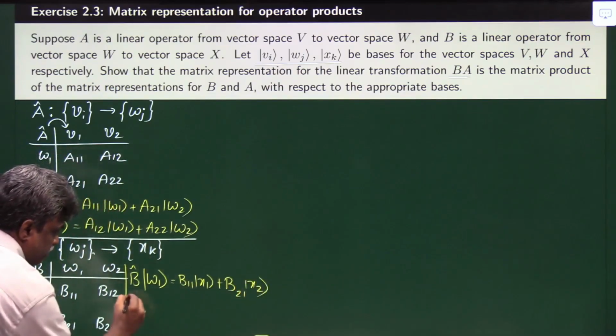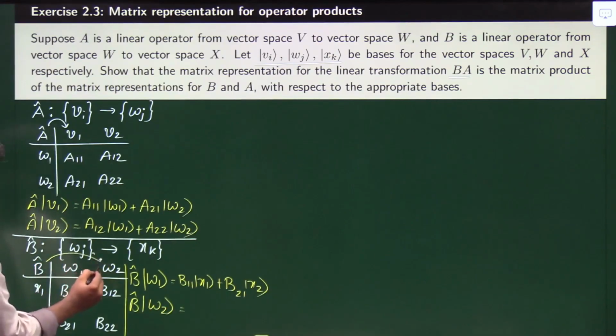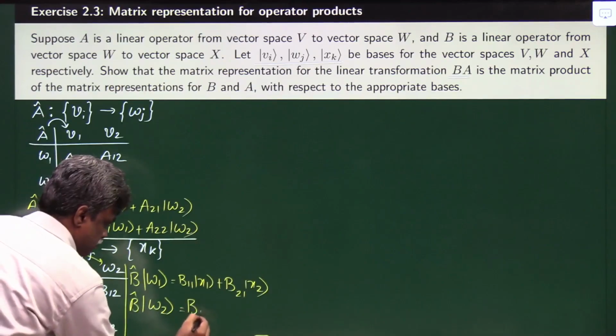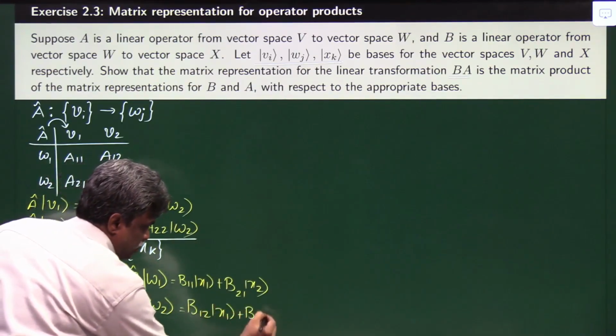And similarly, if B operates on W2, we'll get the linear combination of X1 and X2, which is B12 X1 plus B22 X2.